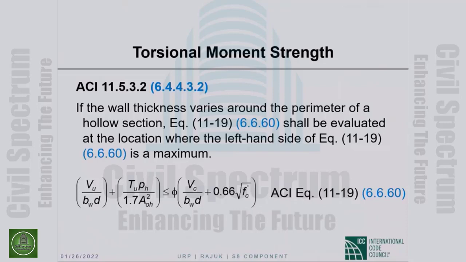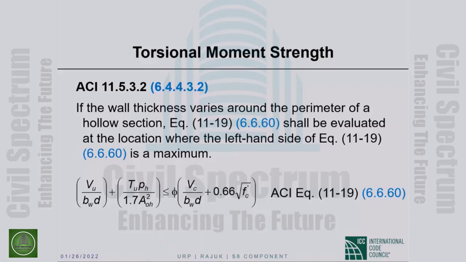Okay, we are still on this limit, analogous to h square root of f sub c prime. If the wall thickness varies around the perimeter of a hollow section, actual hollow section, then the equation, this limitation, shall be evaluated at the location where the left-hand side is a maximum.